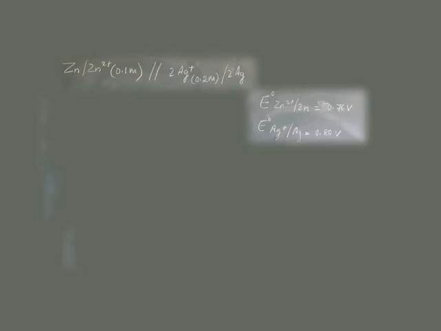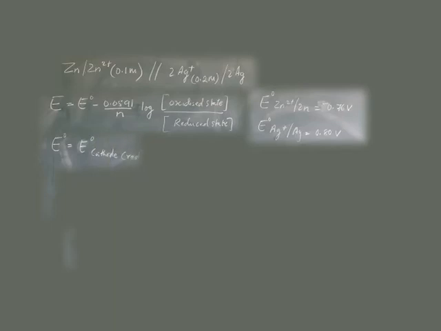So again, as per the Nernst equation, E equals E naught minus 0.0591 by N log oxidized state by reduced state. So first let's find E naught here. E naught equals E cathode minus E anode, and in this case, we will be taking the reduction potential value.